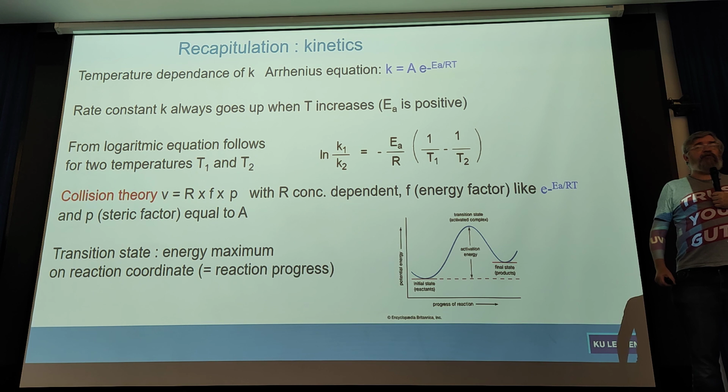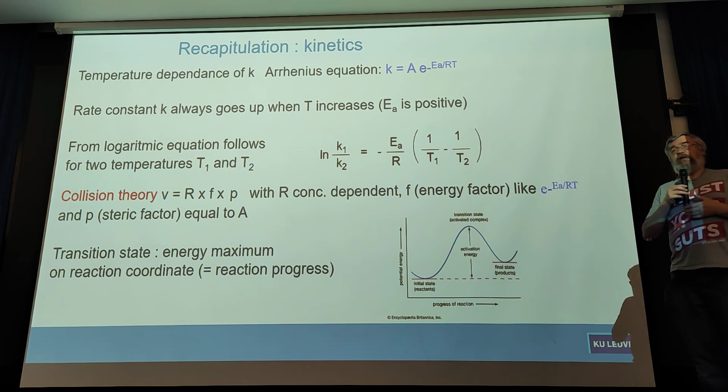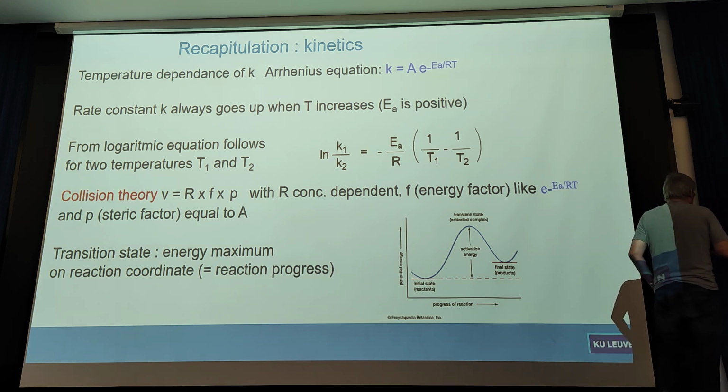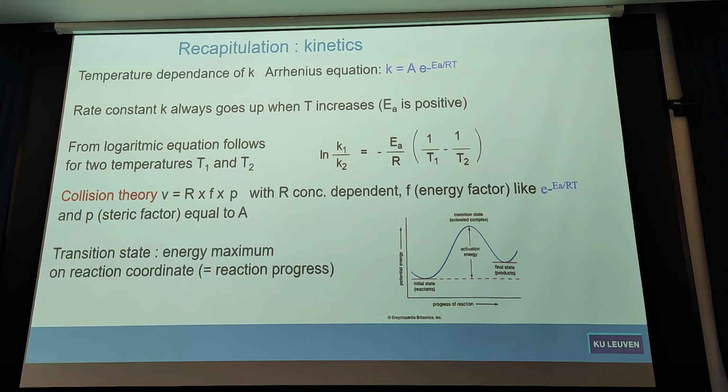And for that, we have the Arrhenius equation, which says it's a pre-exponential factor A multiplied by the exponent with base e to the minus activation energy over RT. Since activation energy is always positive, this means with an increase of temperature you have an increase of k.